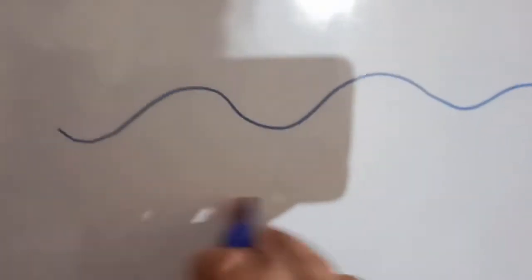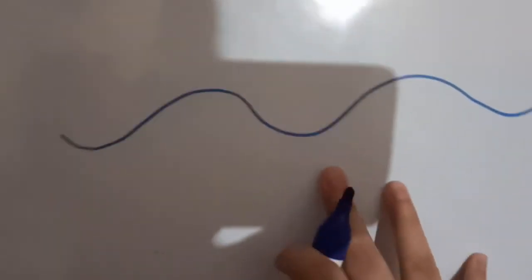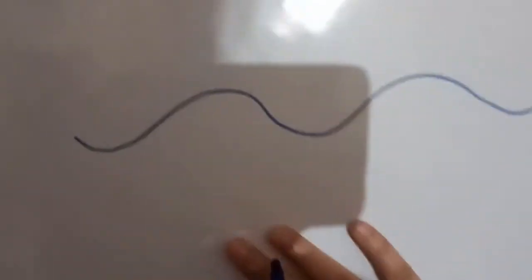Next one is the eskers. So what are eskers? Eskers are narrow winding steep ridges that we find in the temperate regions.